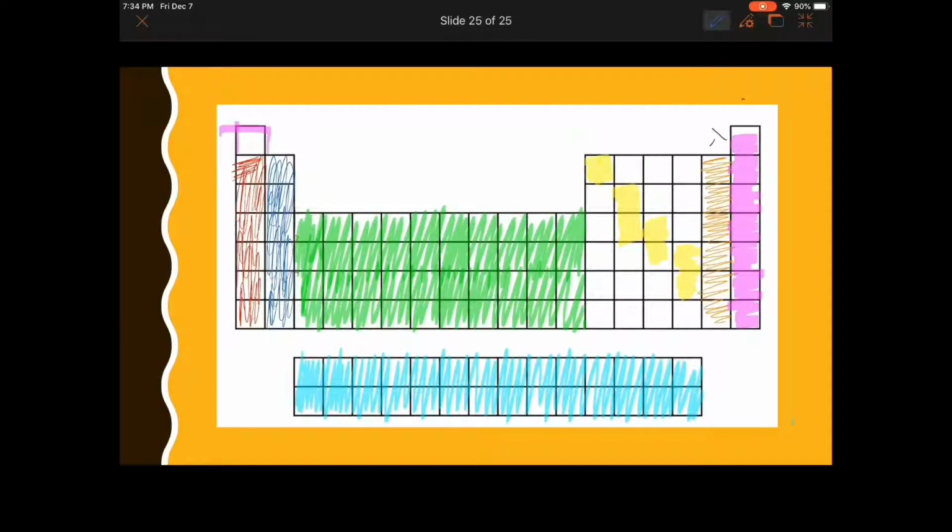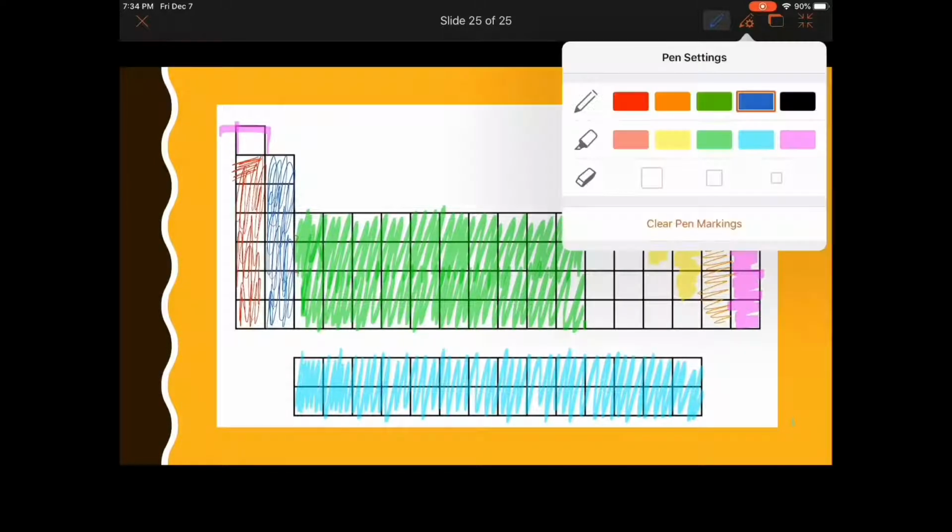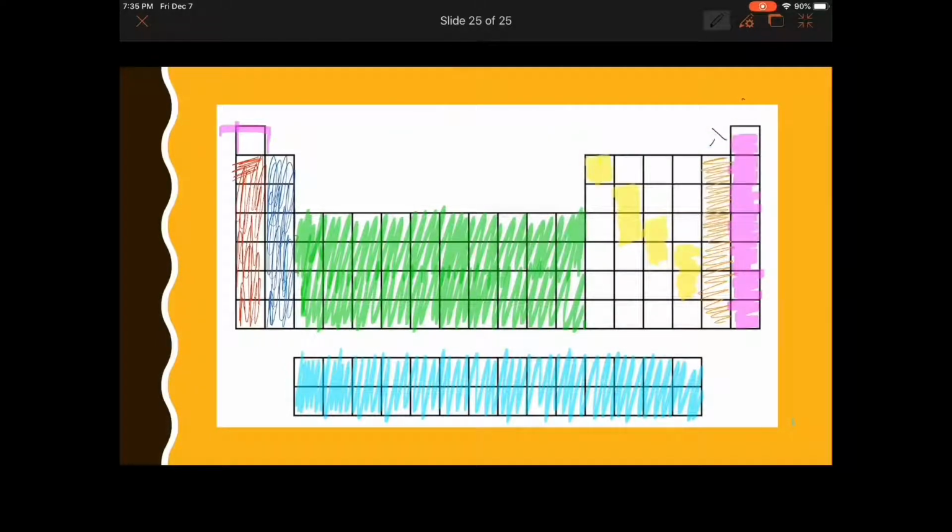So right now your periodic table should kind of look something like this. And you kind of notice that all of this blank space here that we don't have a color in, well, there's nothing too typically specific about them except the fact that they are nonmetals. So you can go ahead and color these in with a different color.